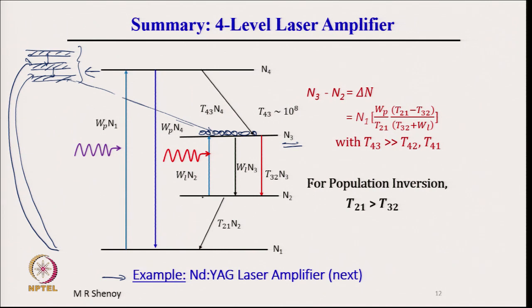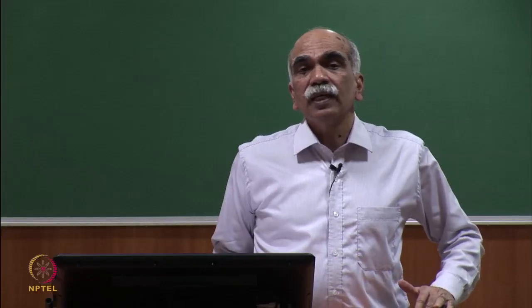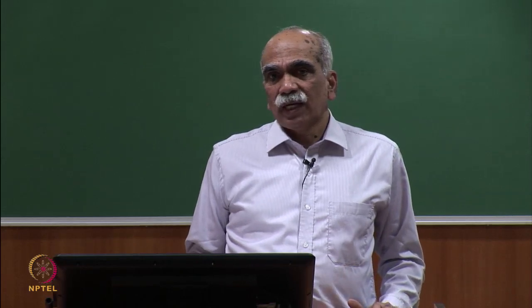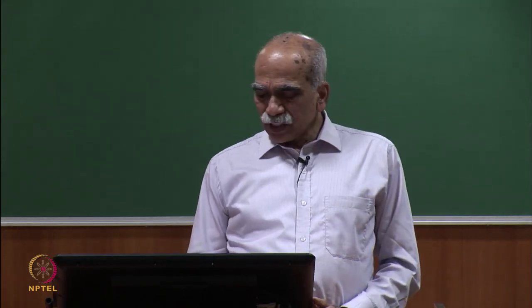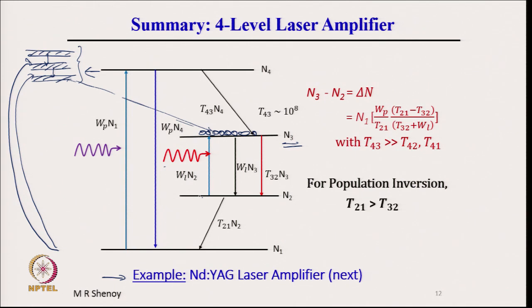The next excited state, if it has a fast transition to the ground state, then we can always achieve population inversion for any pumping rate between these 2 levels. This is the mechanism of achieving population inversion in a 4 level system, and a signal corresponding to the energy difference between level 3 and level 2 will get amplified. Once population inversion is created, this signal will get amplified by stimulated emission.